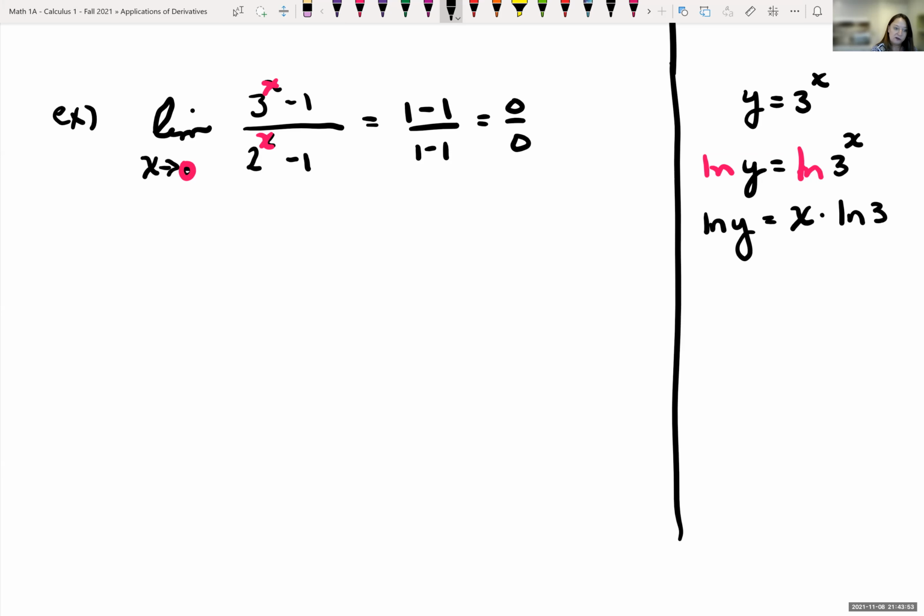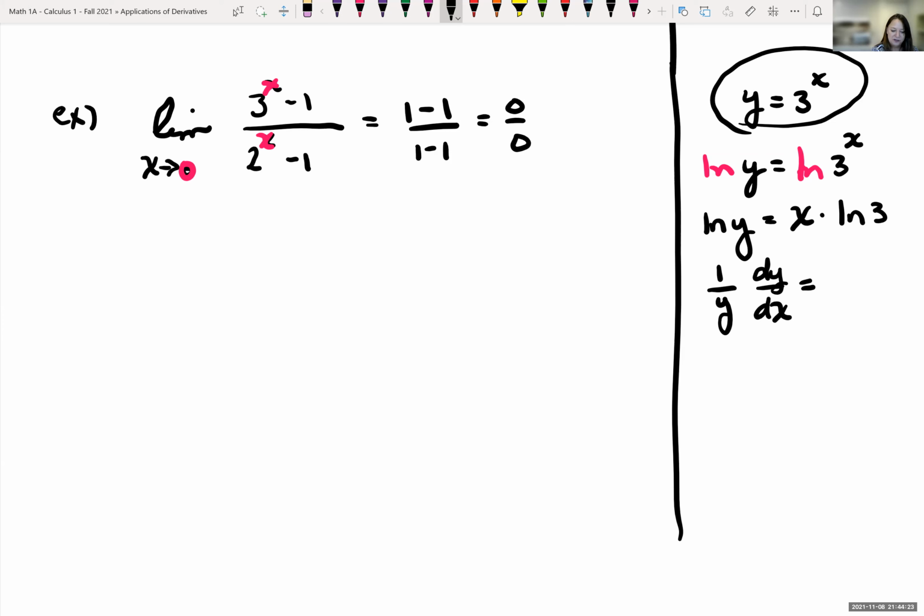Now let's take the derivative of both sides of our equation. Taking the derivative of natural log of y, this is 1 over y times dy dx, or you could write it as y prime if you like, equals the derivative of x times natural log of 3. Natural log of 3 is just a coefficient, a number in front.